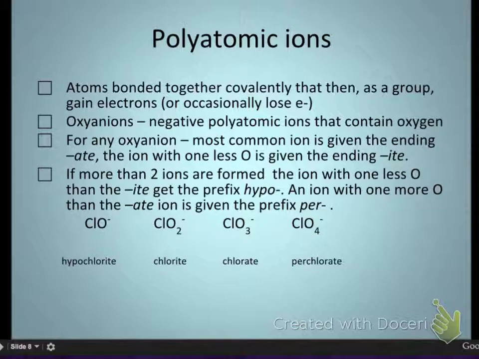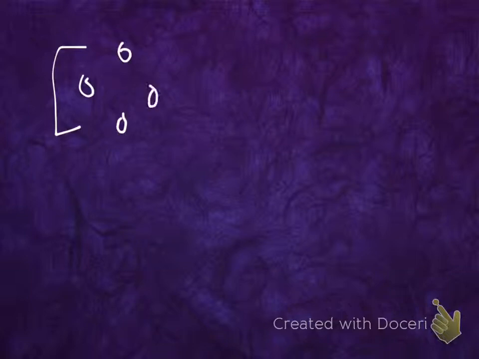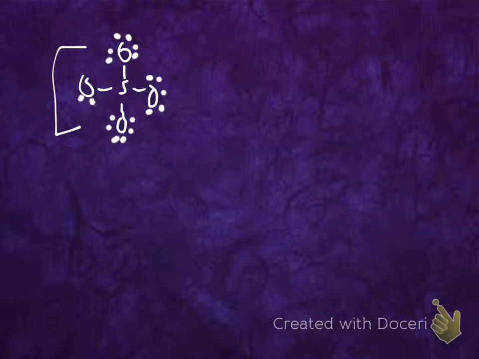So, for instance, our old friend, you just had this on your test. I just drew it very badly, very quickly. This is a sulfate ion.